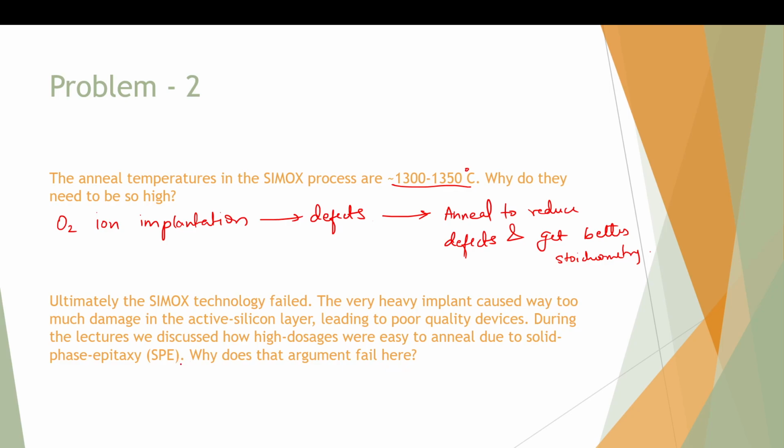Okay, so solid phase epitaxy is when we convert an amorphous material that is deposited on, say, some silicon substrate or some other crystalline substrate, and then because of the crystalline orientation of the substrate, the amorphous material deposited on top also tries to align itself to the stoichiometry of the substrate.